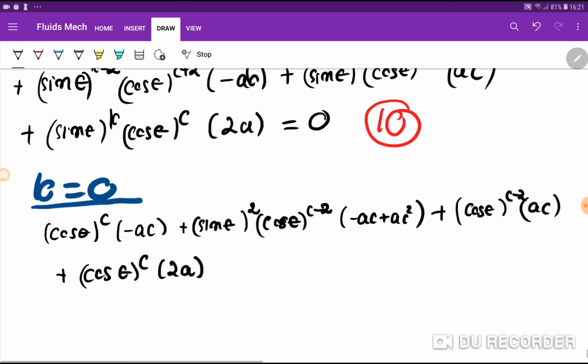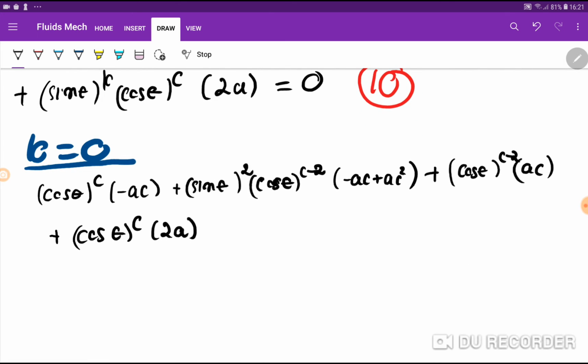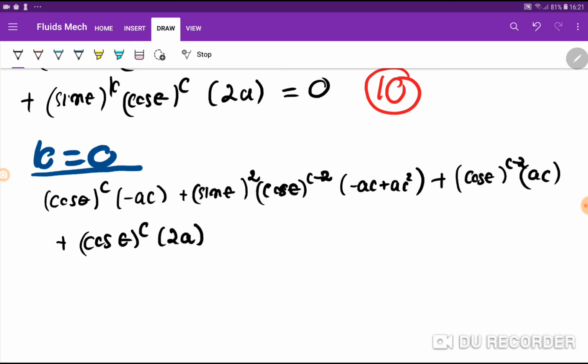So, let's see if we can do any grouping. Apparently we can group cos theta to the power of c. I can group 2a minus ac.